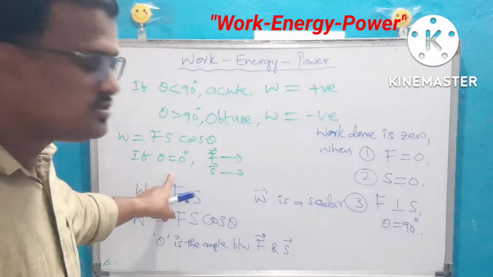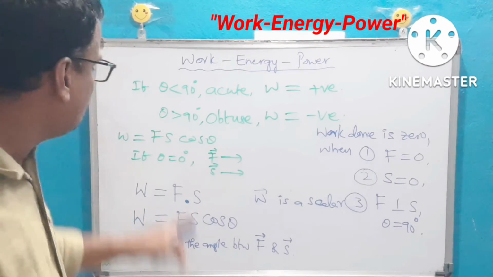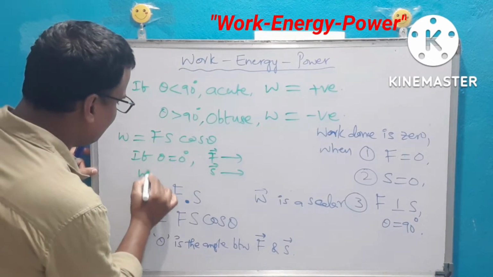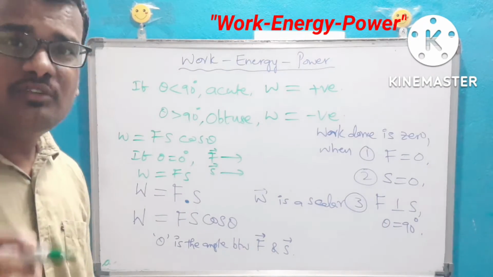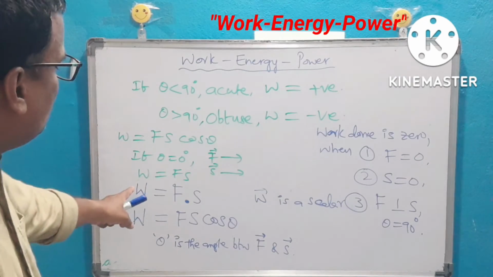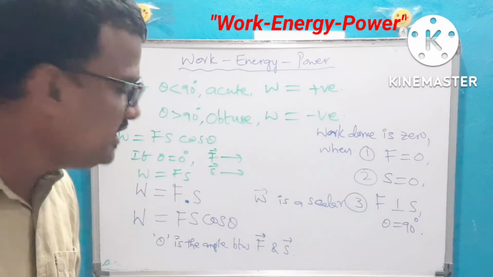Then we can substitute 0 here. cos 0 is 1. So then we get maximum work done. So for maximum work done, the angle between the force and the displacement is 0.